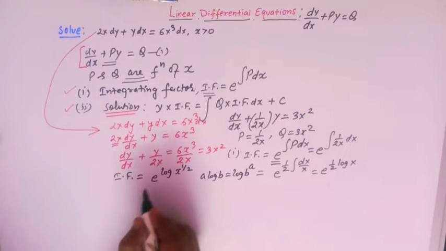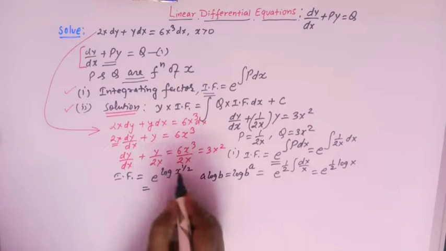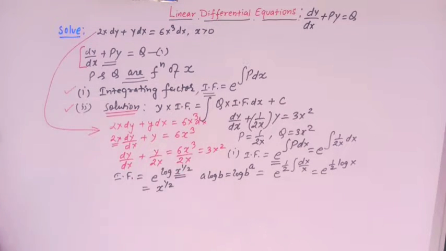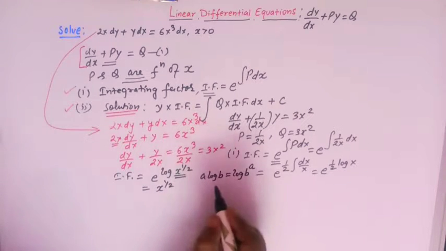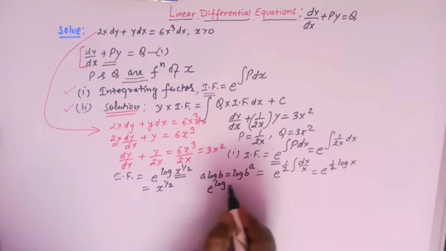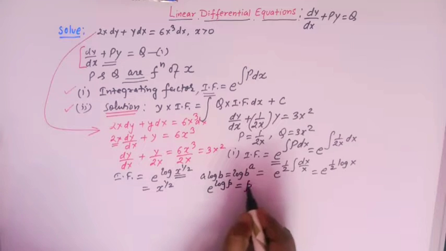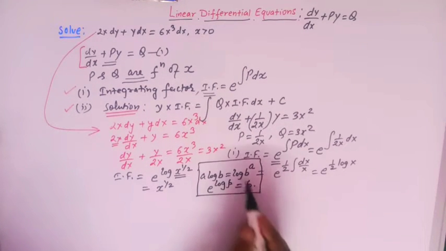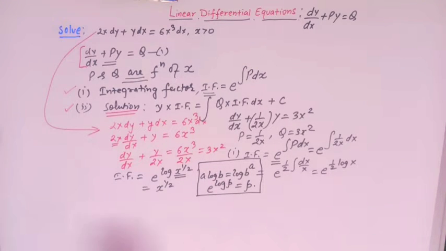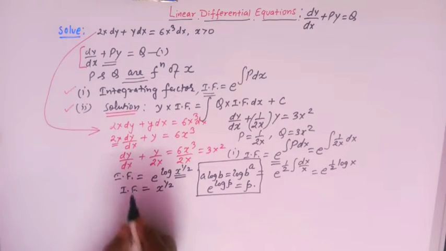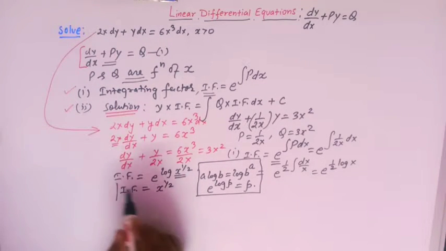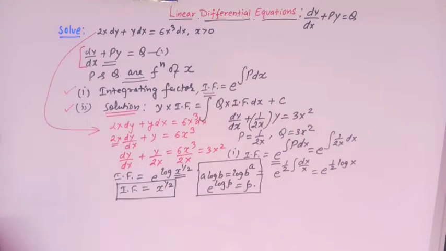And e raised to log x raised to half is equal to x raised to half, because we know that e raised to log p is equal to p. So we have used these two important results. So the integrating factor of the given equation is square root of x.